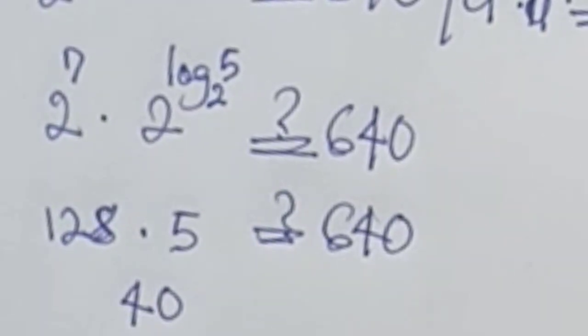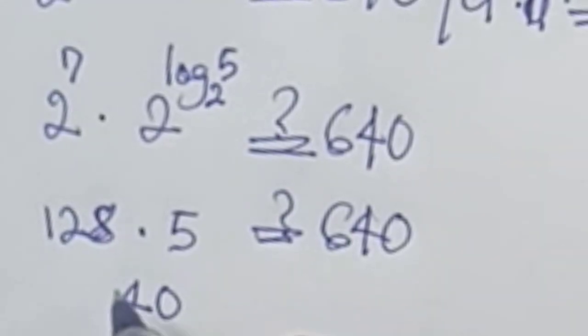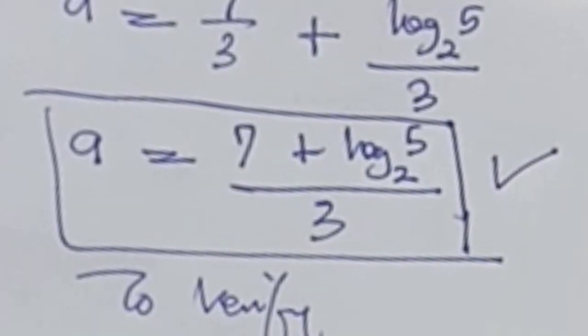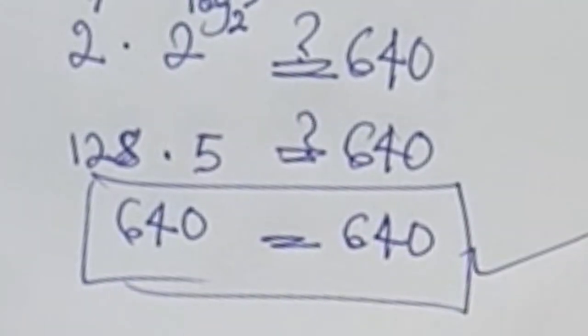Put down 4, carry 1. And 5 times 1, that is 5, plus 1, that's 6. Of course, 640 is equal to 640. So it is true that the value of a equals 7 plus log 5 base 2 all over 3 is correct, because it satisfies the original equation where the right hand side is equal to the left hand side.